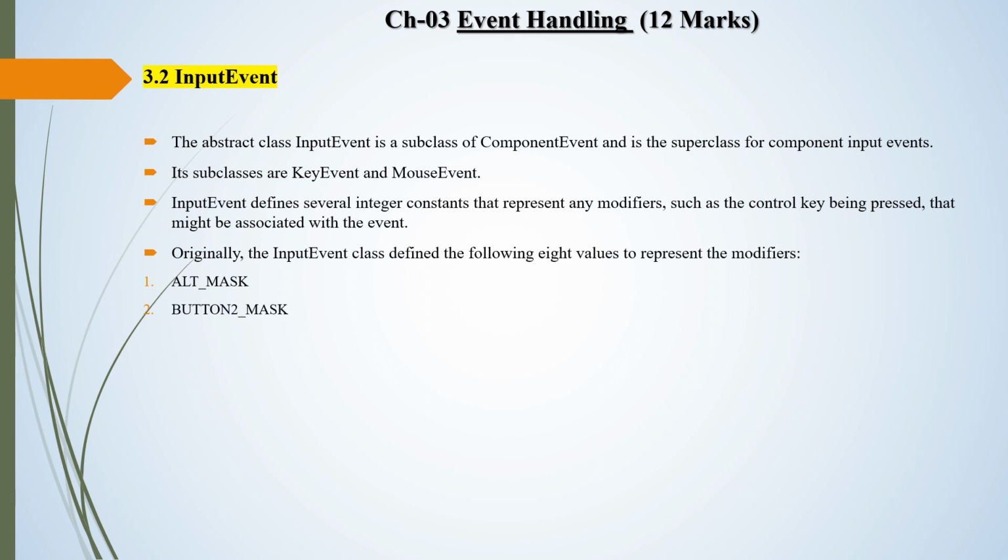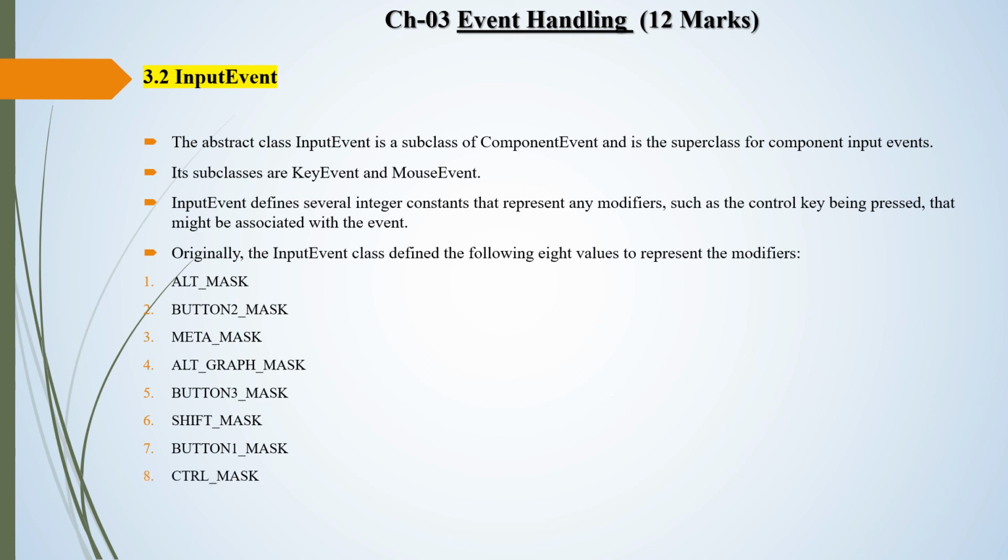Second one BUTTON2_MASK. Third one META_MASK. Fourth one ALT_GRAPH_MASK. Fifth one BUTTON3_MASK. Sixth one SHIFT_MASK, and seventh BUTTON1_MASK, and eighth one CTRL_MASK. These are the modifiers. Only remember this for the input event class.